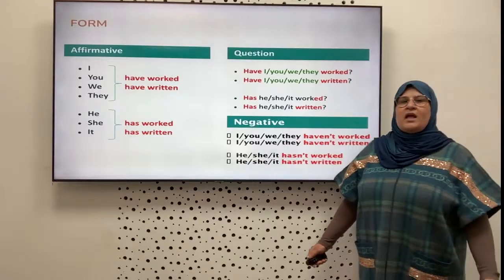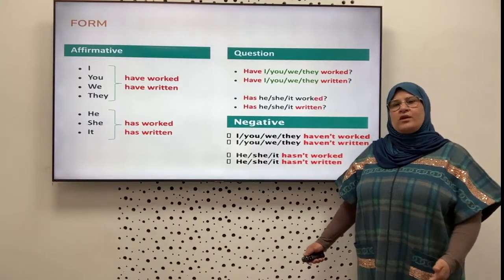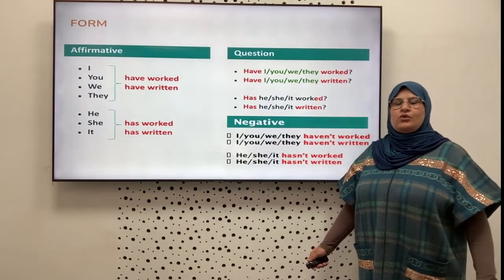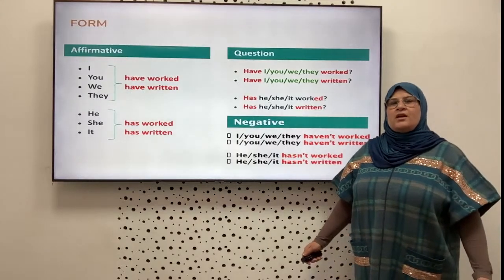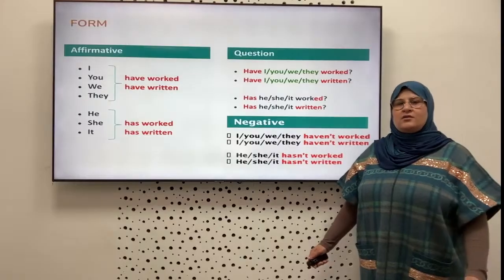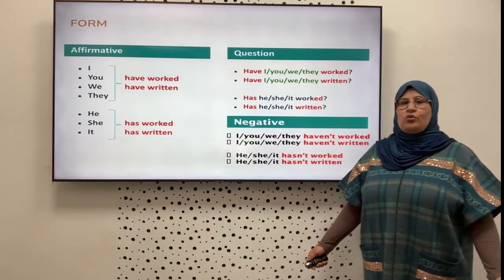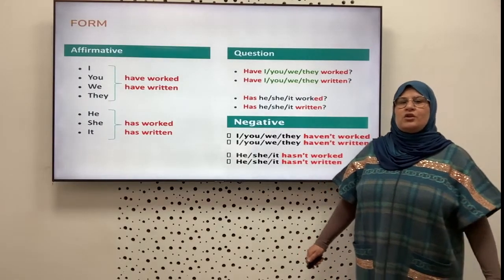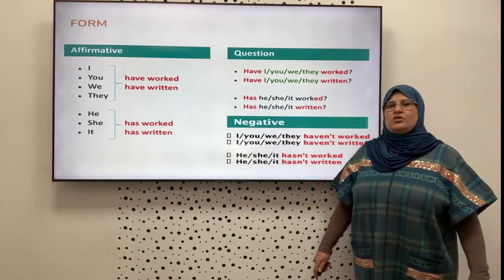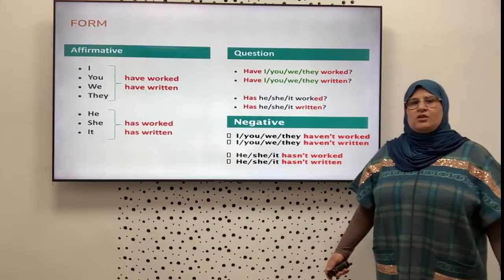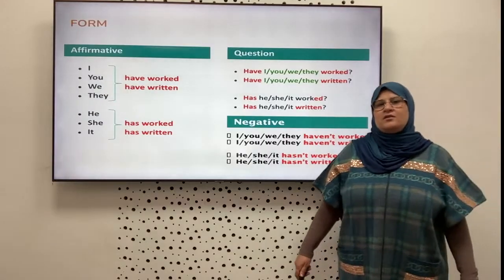For example, I have not worked or I haven't worked, you haven't worked, we haven't worked, they haven't worked, she hasn't worked, he hasn't worked, it hasn't worked, or I haven't written, you haven't written, we haven't written, they haven't written, he hasn't written, she hasn't written, and it hasn't written.